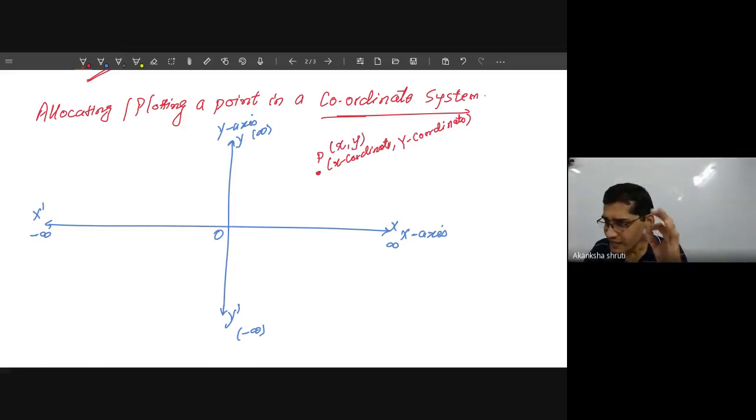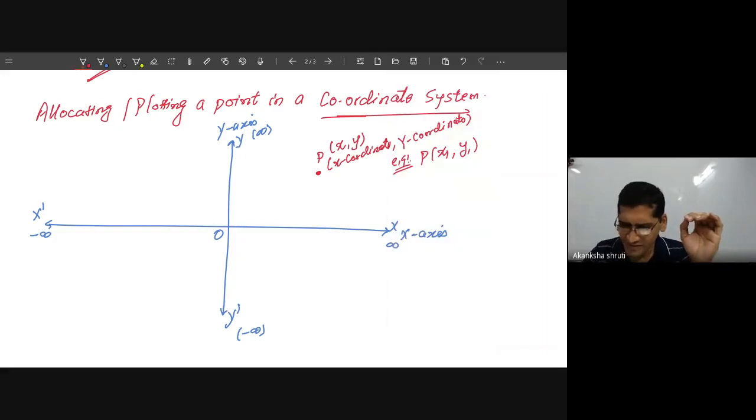Student, this P has to be specified with x, y. If x and y have specific values, we denote them. Let x have the value x1 and y have the value y1, or say the x coordinate is A and the y coordinate is B. So x1, y1, or A comma B, are the specific values of the general point.